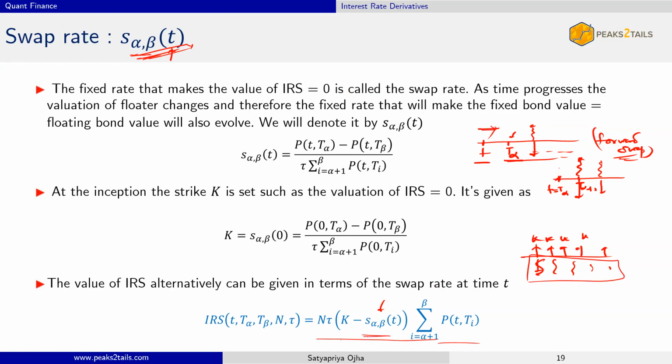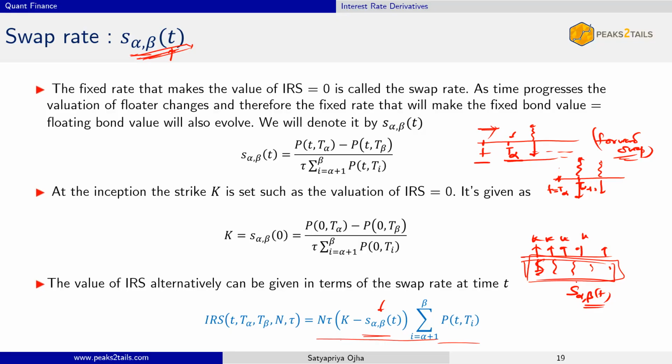Because the definition of swap rate is such that it equates the fixed bond and the floating bond. So can I look at this entire floating rate bond as a hypothetical fixed rate bond having fixed rate equal to this? Because this makes them equal.